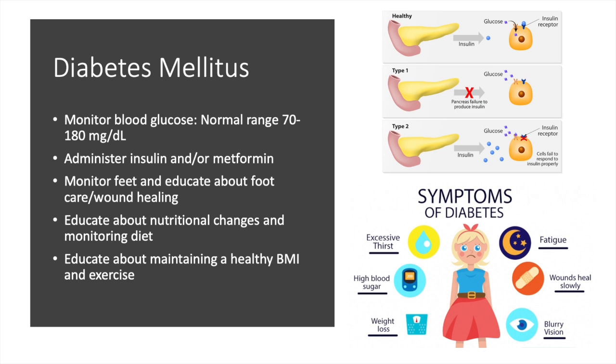Note, though, as a nurse, as you're providing care, the provider will make a target blood glucose level for them that likely will not be the same as the normal value or normal range. So make sure as you are monitoring their glucose that you're monitoring it in relation to their baseline and their target blood glucose levels. Typically, especially if they're on insulin, there's a sliding scale that is used as well.